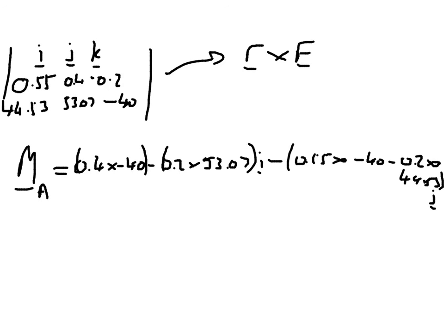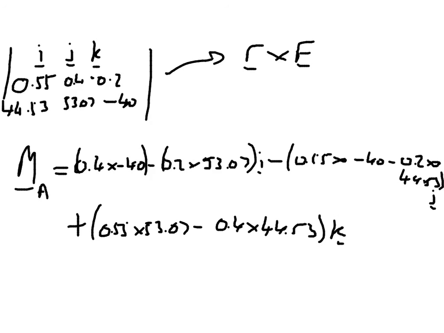Apologies, that's run all the way down there. And for the k it's going to be plus 0.55 times 53.07 minus 0.4 times 44.53 k. So my final moment should equal minus 5.39i plus 13.1j plus 11.4k.